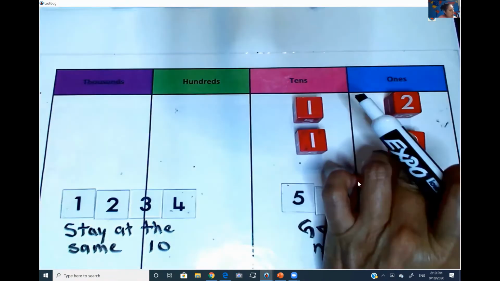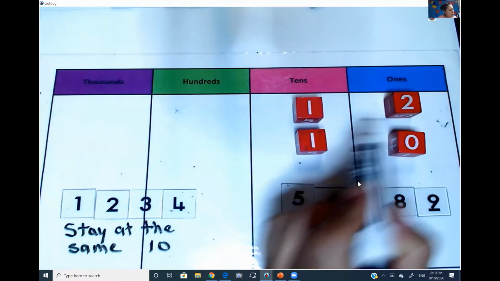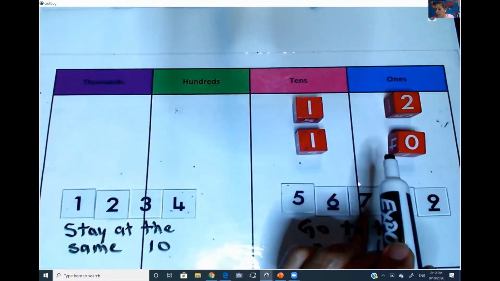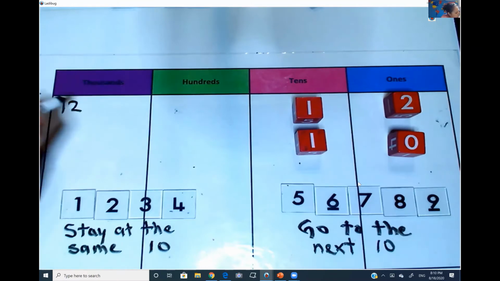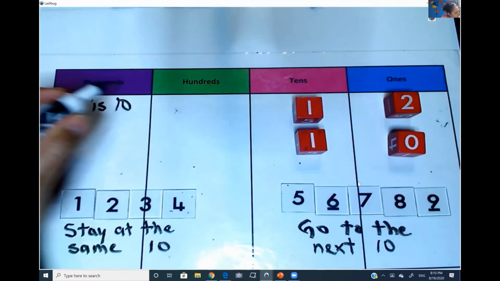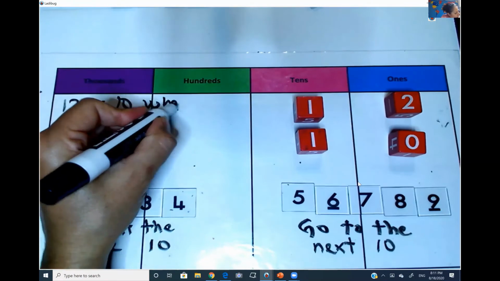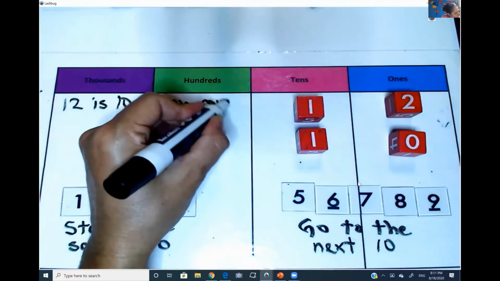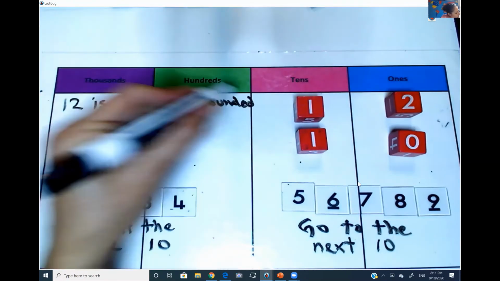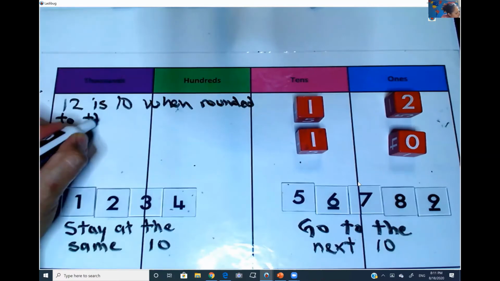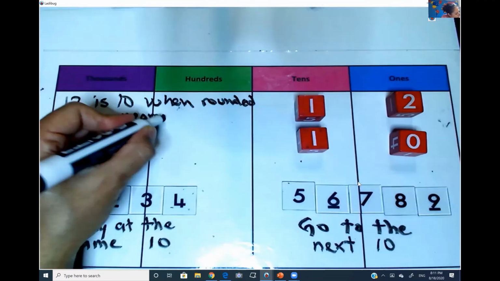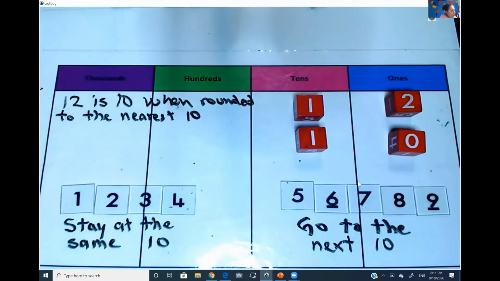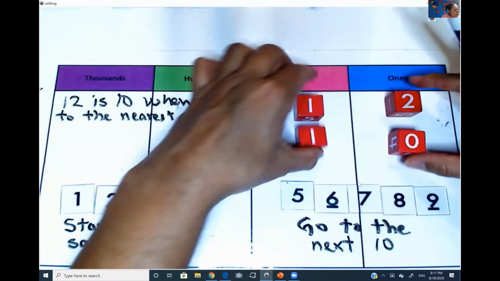So the number 12 is going to become a 10. So I can tell that 12 is 10 when rounded to the nearest ten.